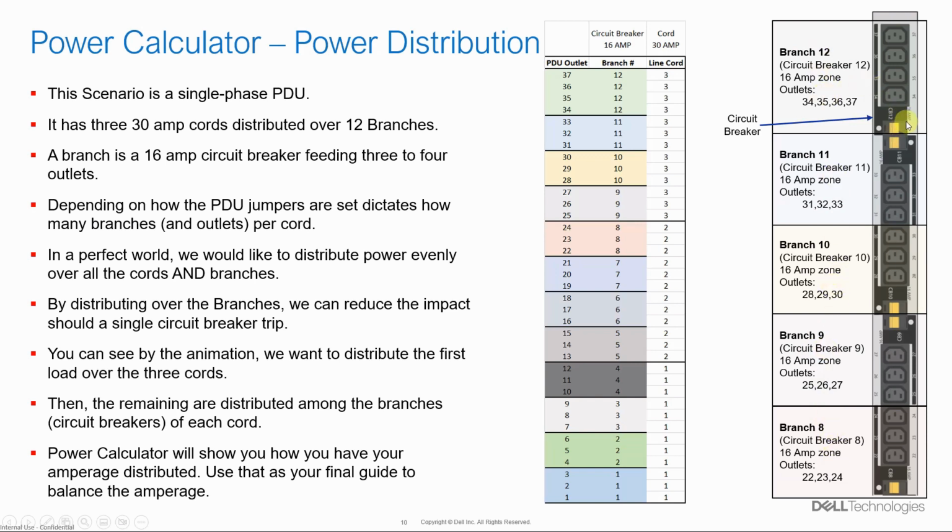So this circuit breaker is about 16 amps in a single phase. So you can have 4 nodes in here and they can't consume more than, I would say, 15 amps because 16 amps is where this is probably going to trip. Now, you have to keep in mind, and the configurator is going to help you with this, if you have a node that is consuming 10 amps of power, has two power supplies in it, and each power supply is plugged into a different PDU. So that node is plugged into the left PDU and it's plugged into the right PDU.